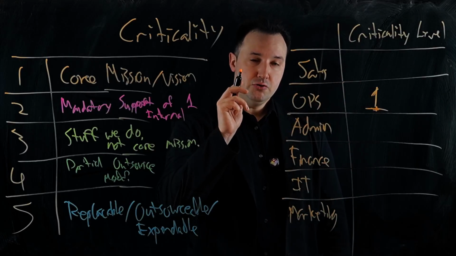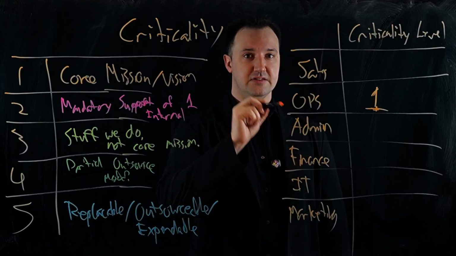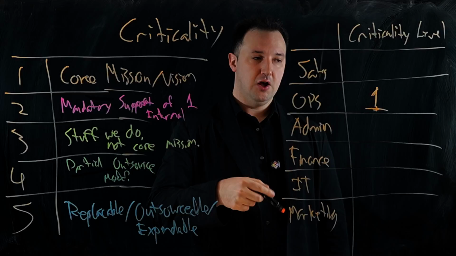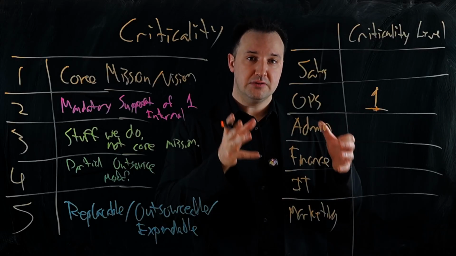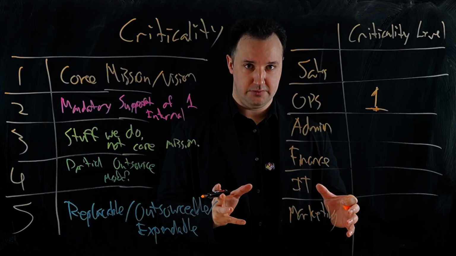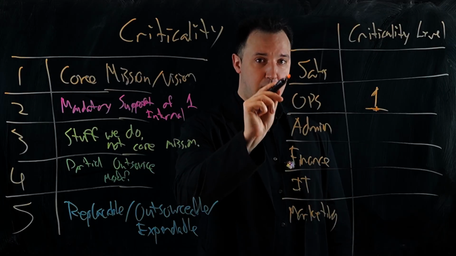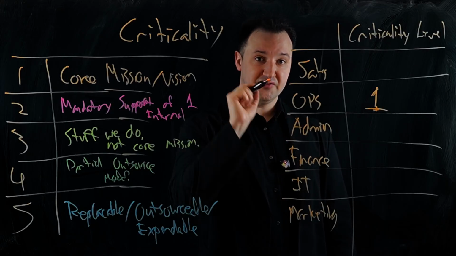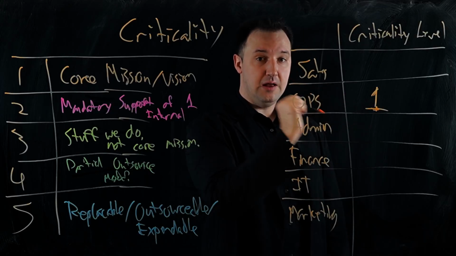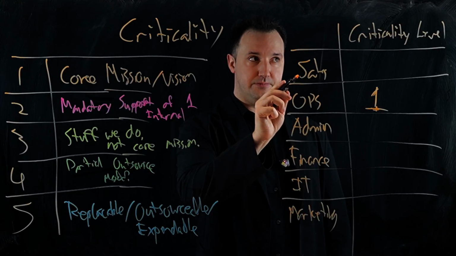Sales is usually core mission, but in this instance, this company isn't trying to get new customers all the time. They're trying to maintain their relationship with existing customers. However, if sales is the department doing that, then their core mission of delivering to specific partners may heavily involve sales.